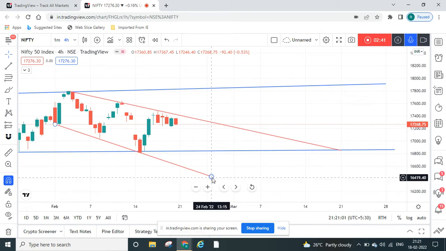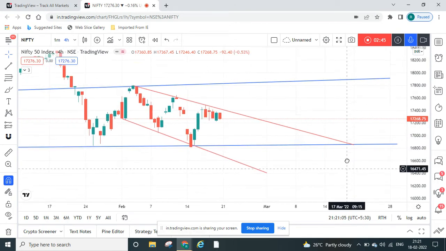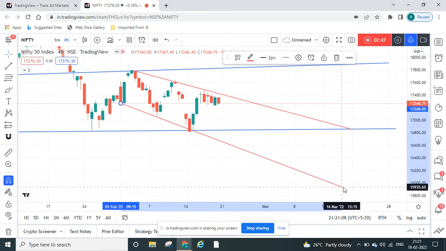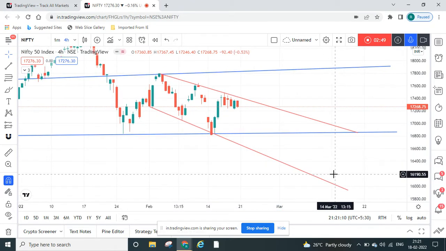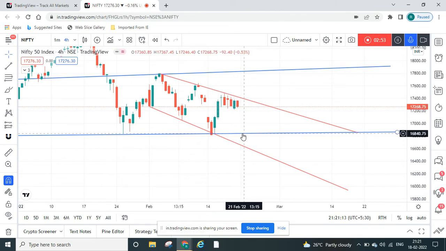Here we don't have a perfect one, so I'm just adjusting this. Now we have. Currently the Nifty is traveling in this falling wedge pattern. So whenever there is a dip around 16,800 or 16,600, we can make a long entry.